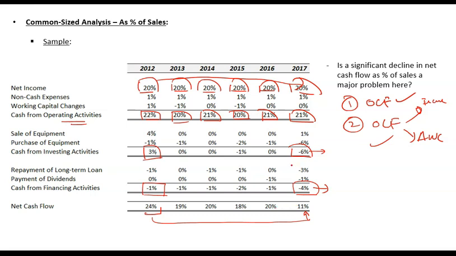So now you need to find out whether these investing activities or financing activities that are leading to cash outflows will produce any positive results in future or not, and whether they are one-time expenditures or recurring outflows. If I go into investing activities, I will find that the major outflow has happened due to purchase of equipment. Purchases of equipment on a recurring basis are small, approximately 1 to 2%.